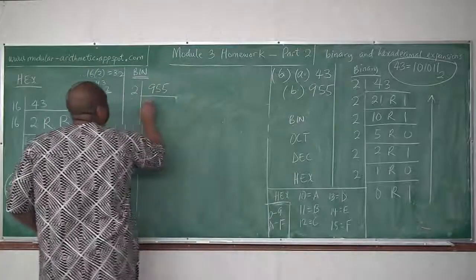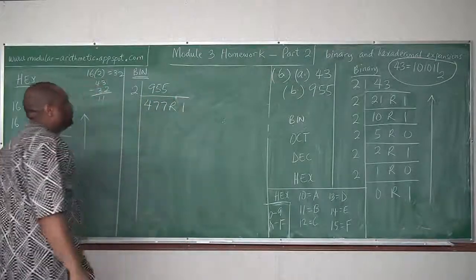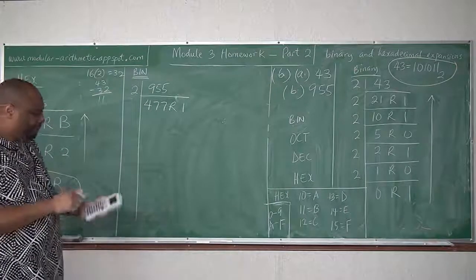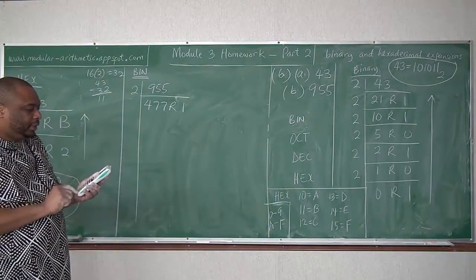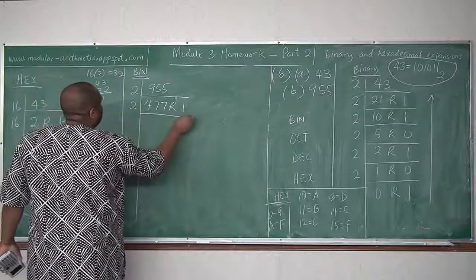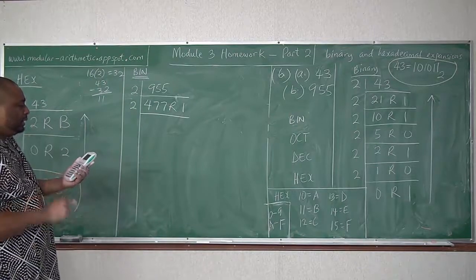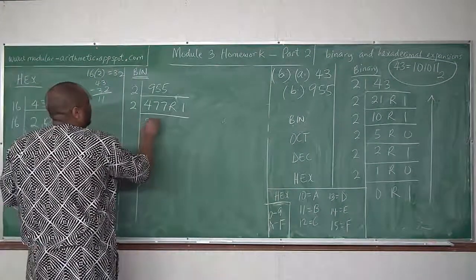Remember 1, because 477 times 2 is 954. Then 2 divide 477 is 238. Remember 1.